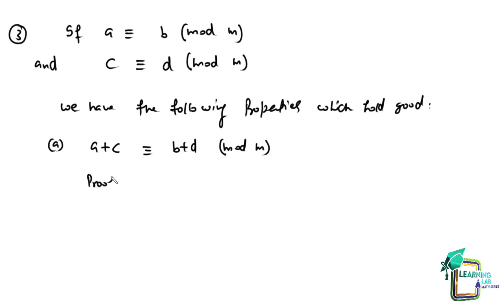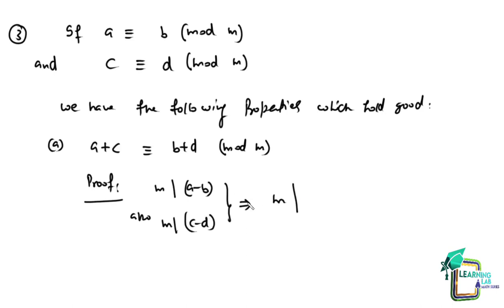Proof, very simple proof. As we have A is congruent to B mod M, that means M divides A minus B. Also M divides C minus D. This implies M also divides the sum of these two.